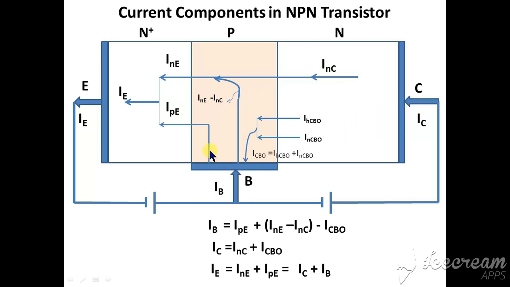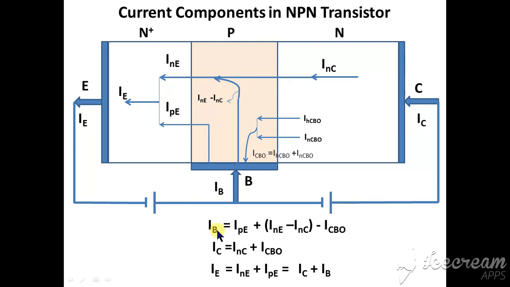From Kirchhoff's law, we may write IB equals IPE plus INE minus INC, with its negative part of ICBO, because ICBO is in the opposite direction to IPE and the recombination current.